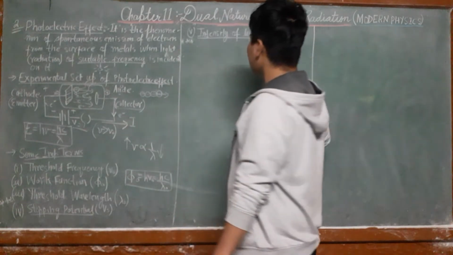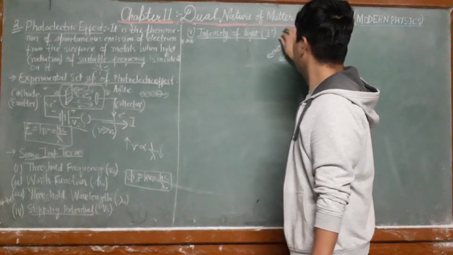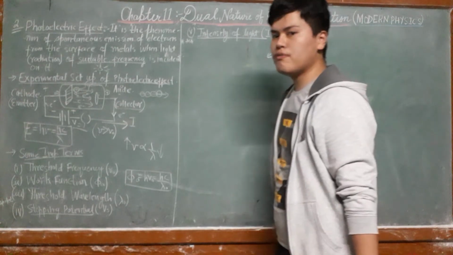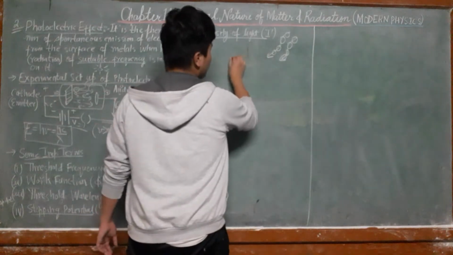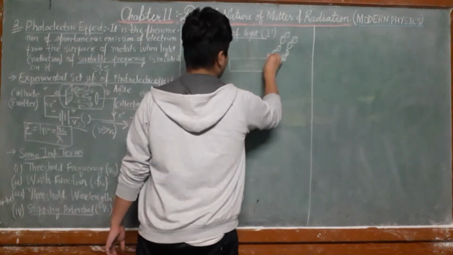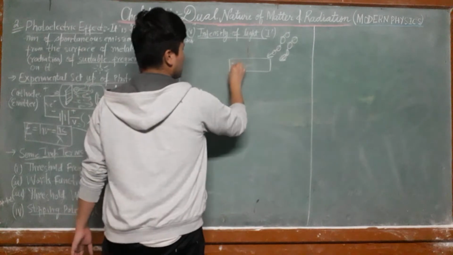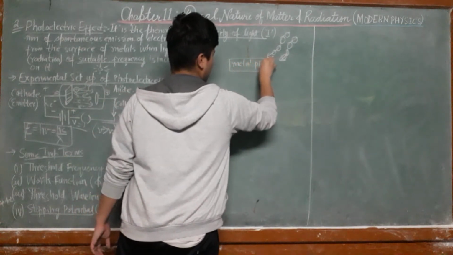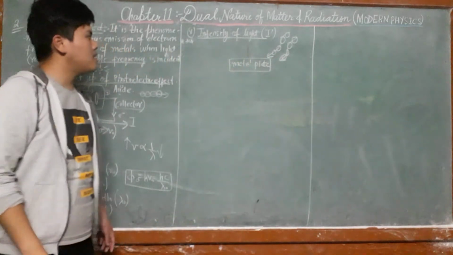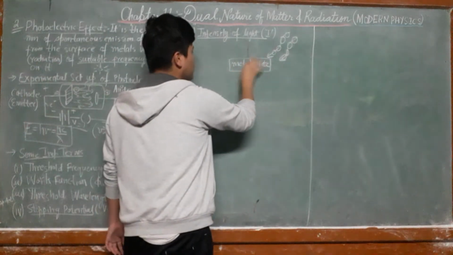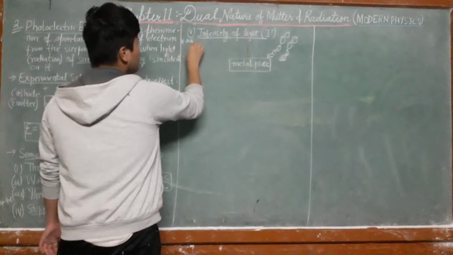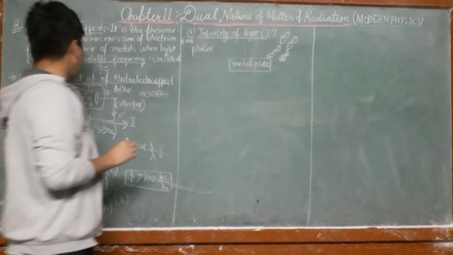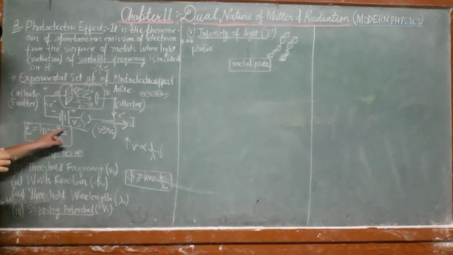In a ray of light there are infinite number of photons, like you see metal plates here. Each photon has energy equal to h nu or hc by lambda.